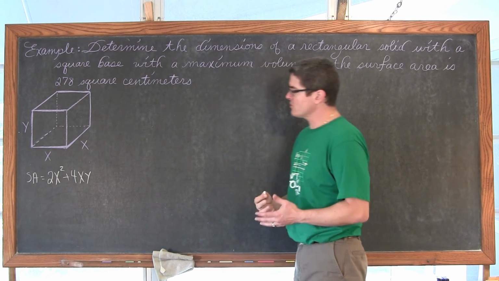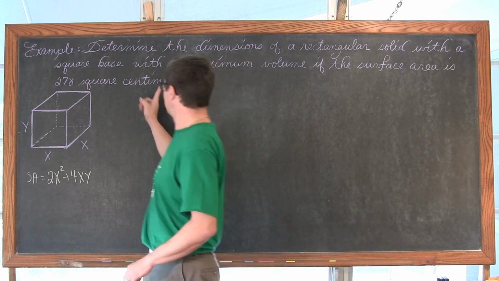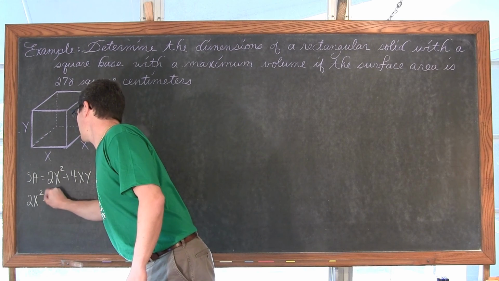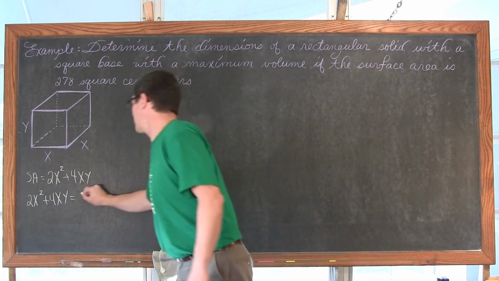And that fixed surface area is supposed to be, of course, again, 278 square centimeters. So we have 2x squared plus 4xy is equal to 278.